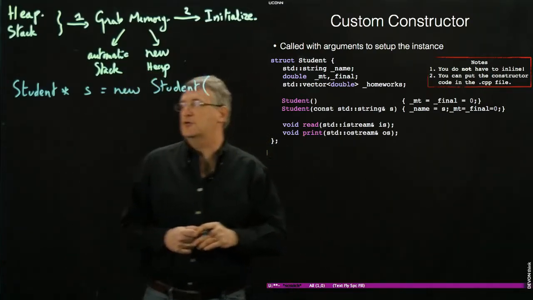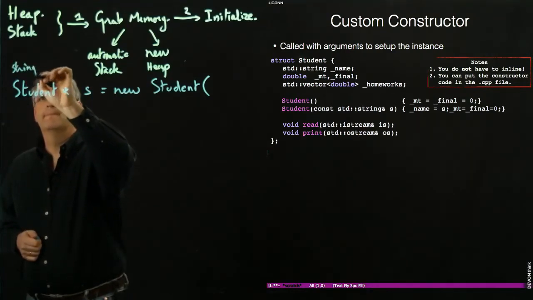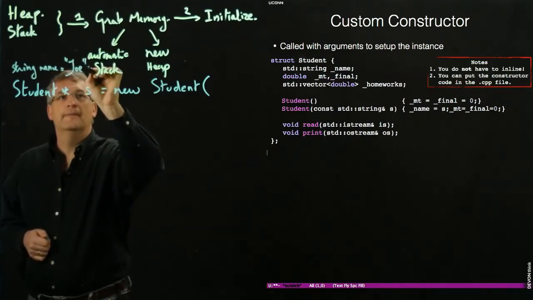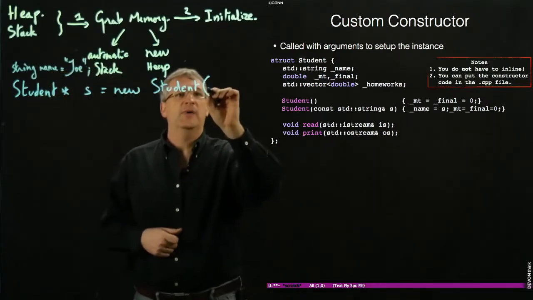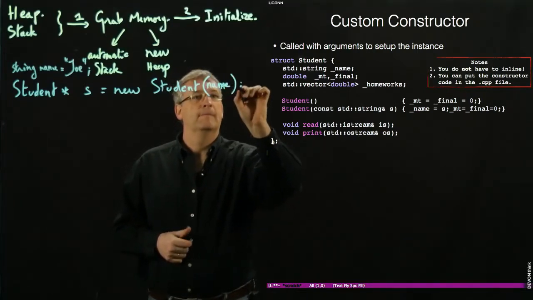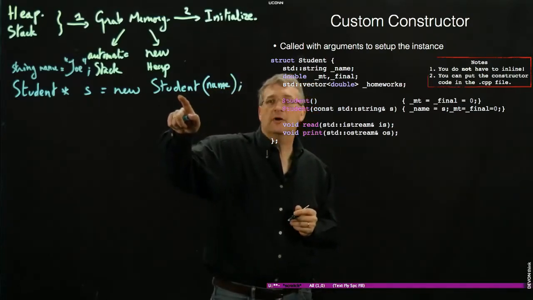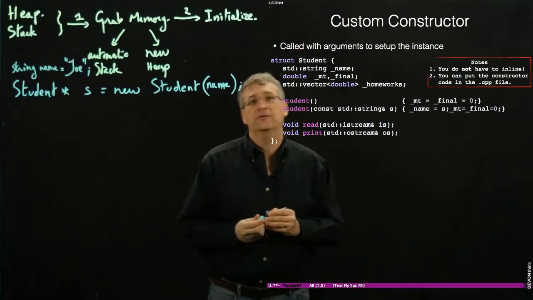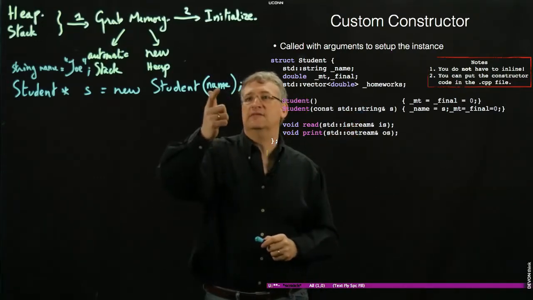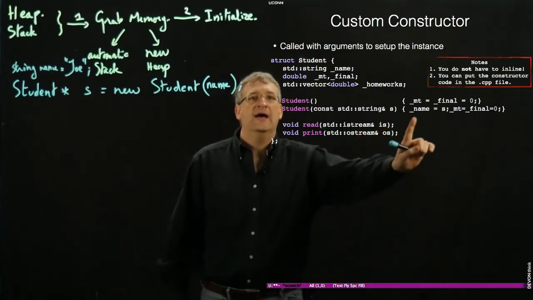For example, I could have said before, string name equal Joe, and now here I would pass name, semicolon, and I'm done. That has allocated an object and called the custom constructor that's here, right? You notice that with name, I'm receiving a reference, it's constant, so I cannot modify it, and I'm doing an assignment here.